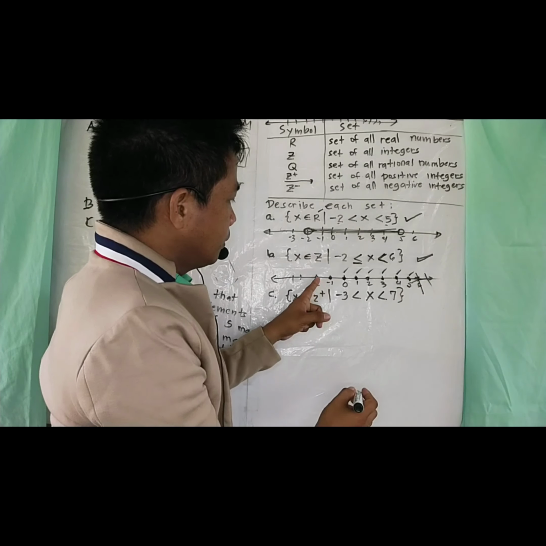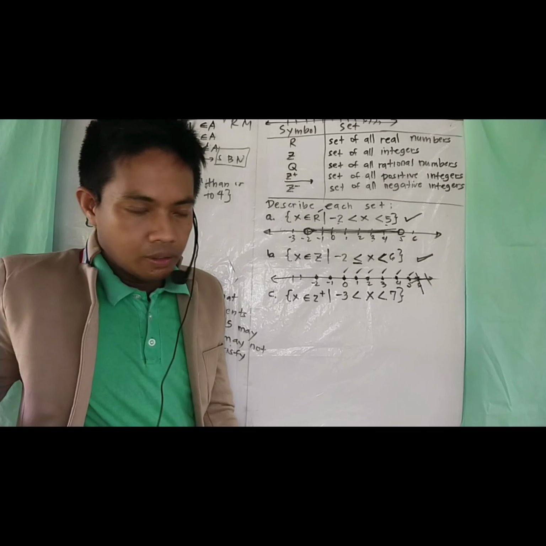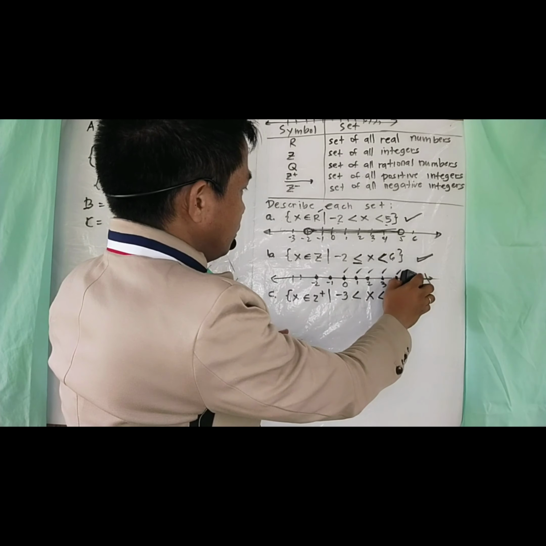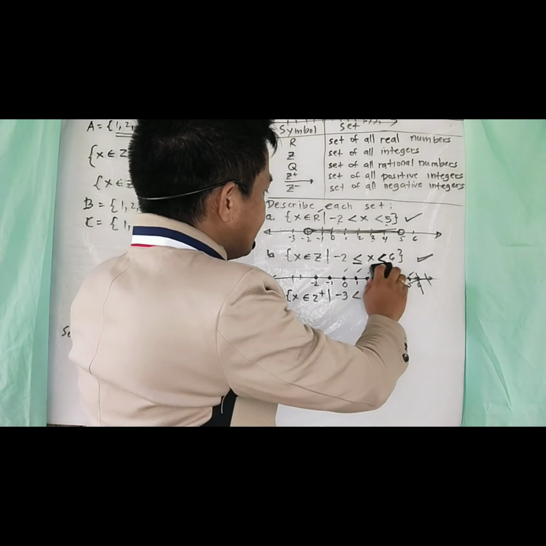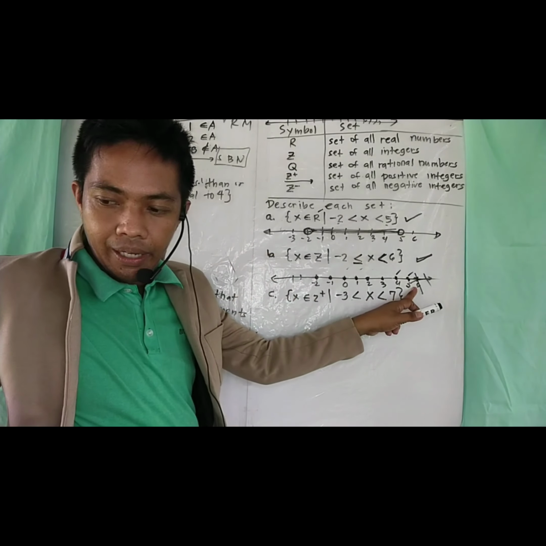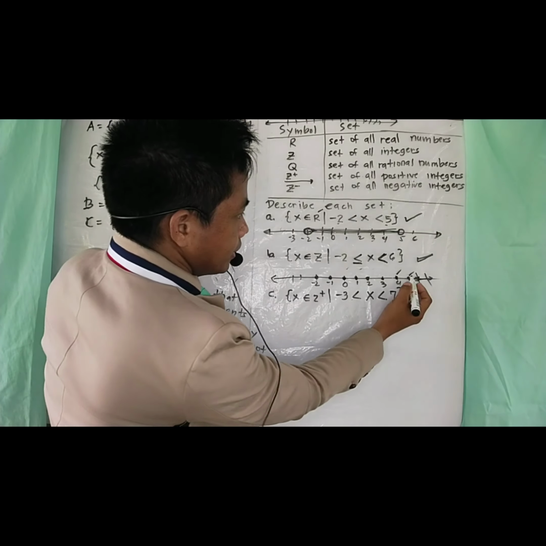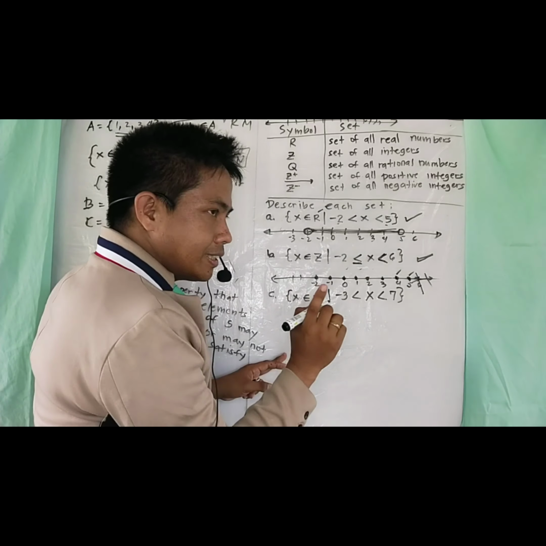So these are now the elements of this set. This set can be described by listing all the elements, or by shading all the possible integers that are part of the group.